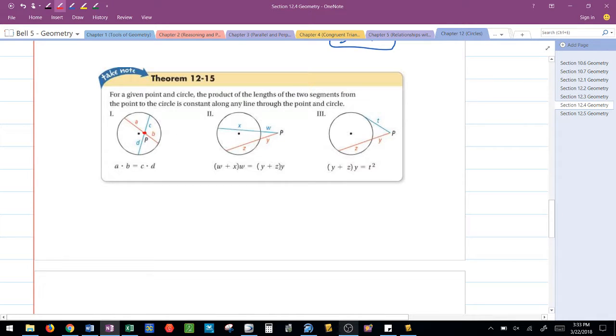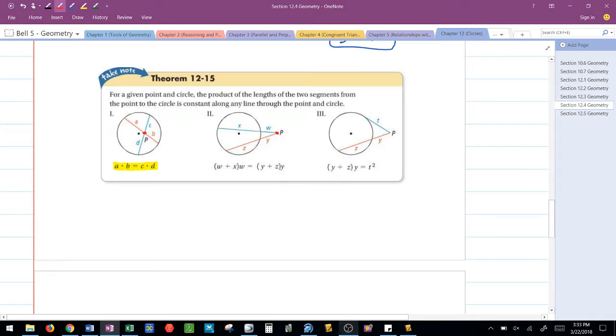Scenario 1 is the vertex is in. If the vertex is inside, then we're going to take A times B and set it equal to C times D. And that's what this formula right here is telling me. The second scenario is if the vertex is outside. All right? If the vertex is outside, this is the way that I think about it. I have to measure to the circle and to the other side of the circle.